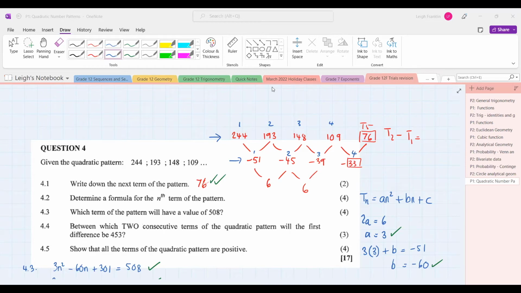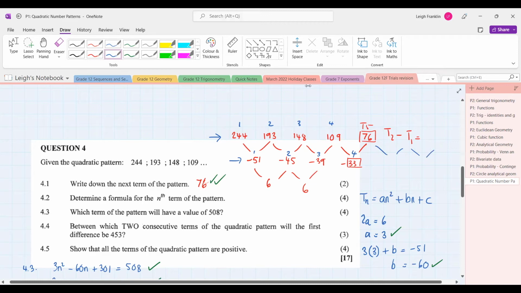That's going to give us the 453rd term of the quadratic number pattern. That's not what they're asking for. They want to know, somewhere down here in our pattern, the difference between these terms, so one of the numbers over here has got to be 453.